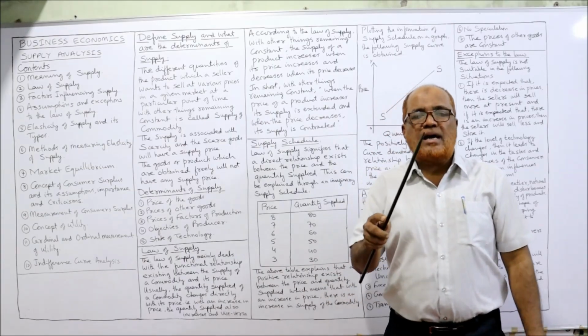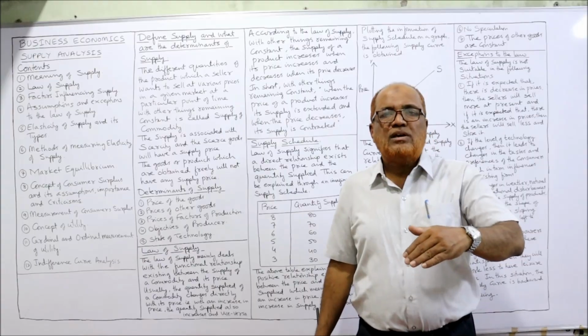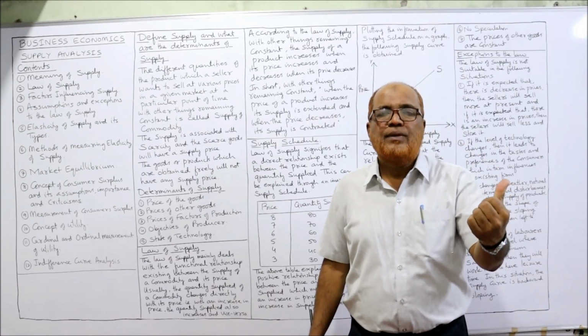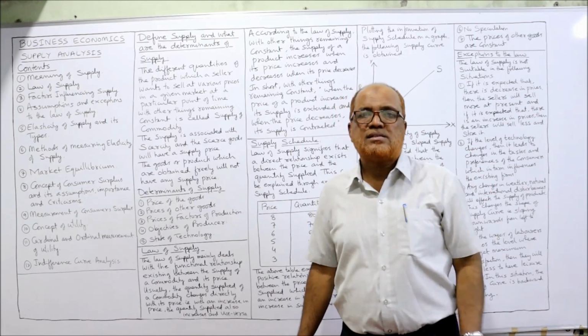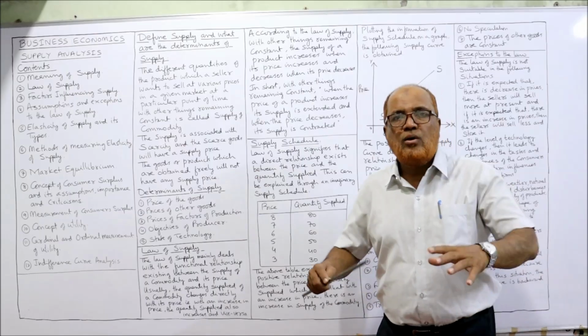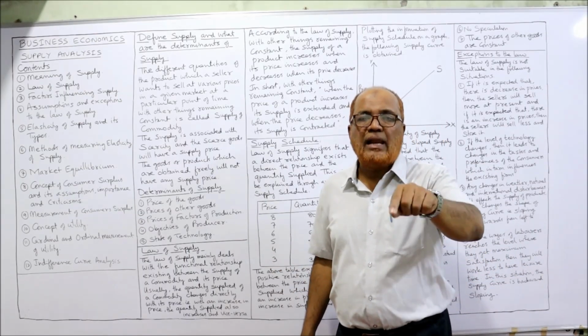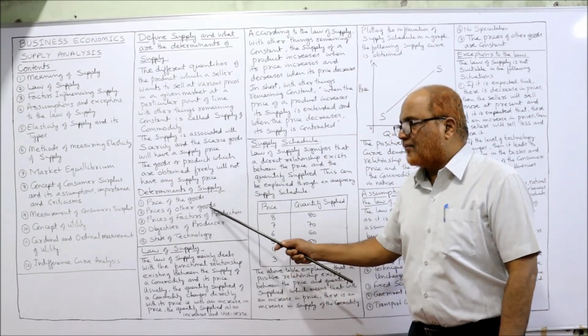For example, X, Y, Z are related goods. Suppose there is a change in the supply of good X, definitely it will have an effect on the supply of Y and Z. So all the goods are related. The supply of one good will affect the supply of other goods. So this is the second factor.